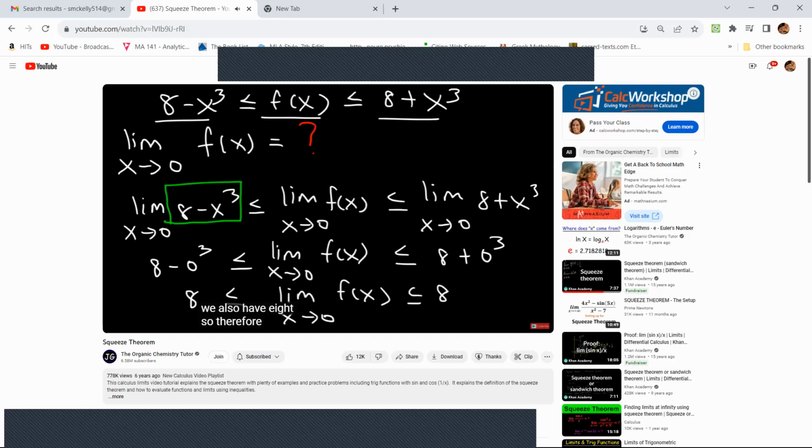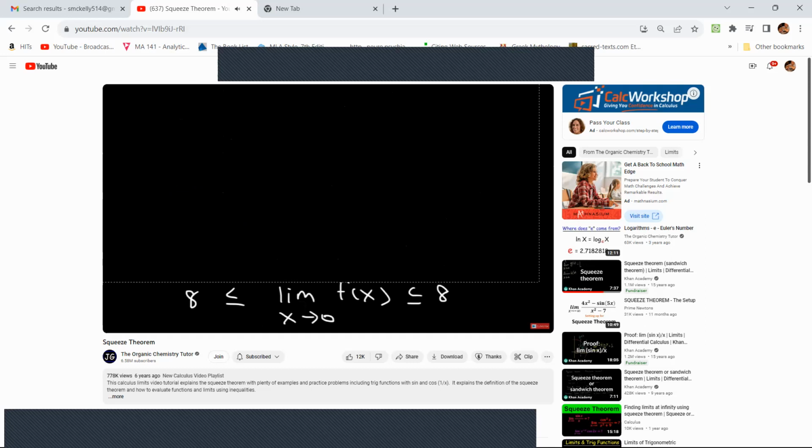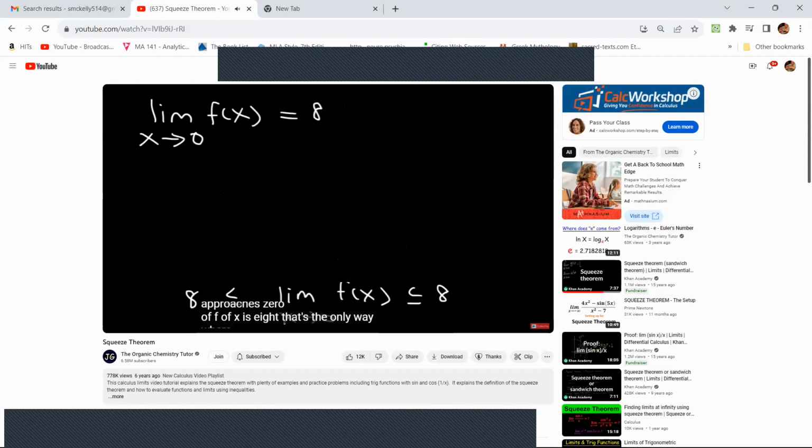So therefore, if the limit as x approaches 0 of f of x is greater than or equal to 8, and at the same time less than or equal to 8, we could say that the limit as x approaches 0 of f of x is 8. That's the only way it could be true.